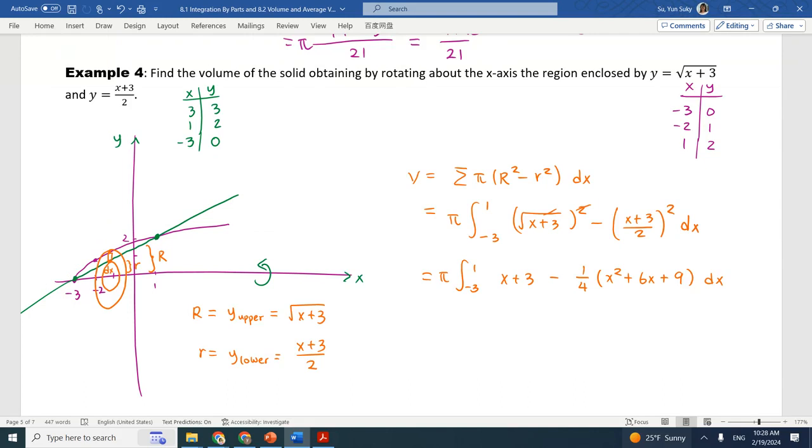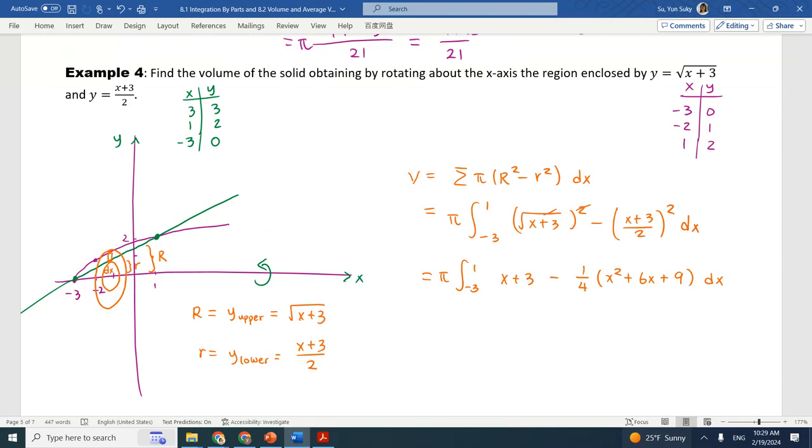Then you can factor out the 1 over 4 and put it outside of the integral. Which way do you prefer? Do you like to multiply by 4 and divide it by 4 and then factor out the 1 over 4 in front? Or do you want to work on this part and this part separately? So which way do you prefer?